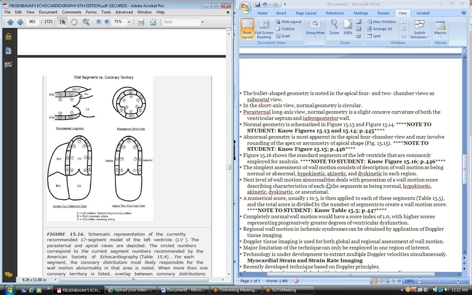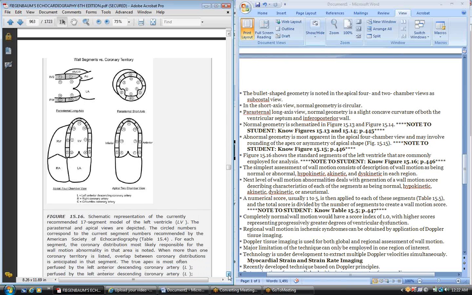The next level of wall motion abnormalities deals with generation of a wall motion score, with each segment being normal, hypokinetic, akinetic, dyskinetic, or aneurysmal. A numerical score, usually 1 to 5, is then applied to each of these segments. The total score is divided by the number of segments to create a wall motion score.